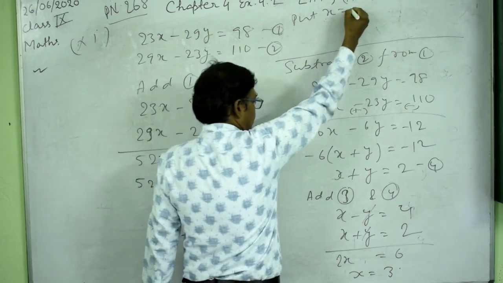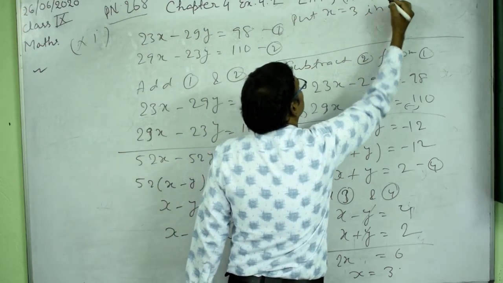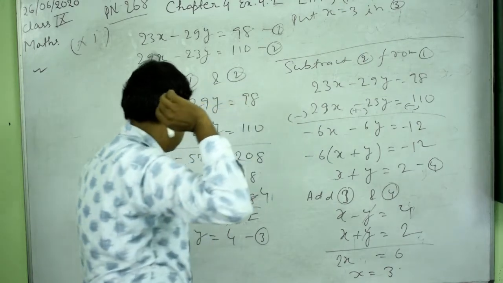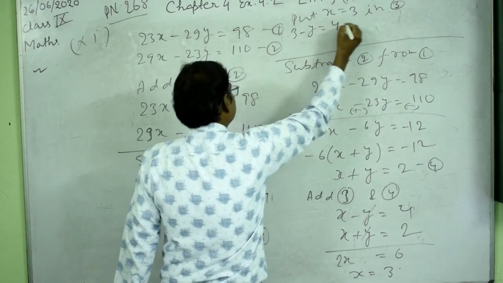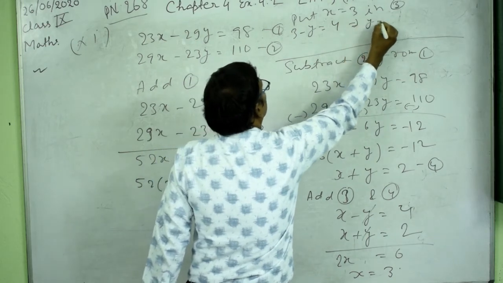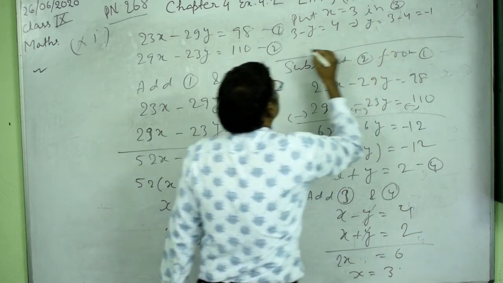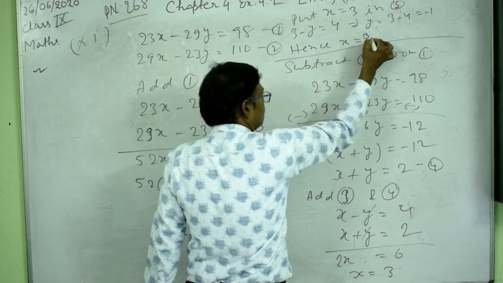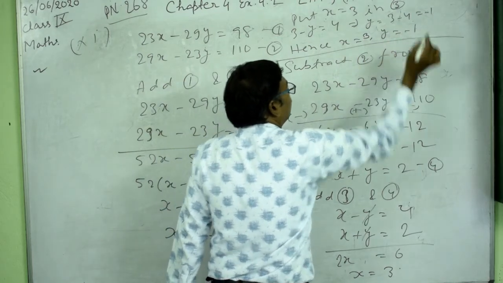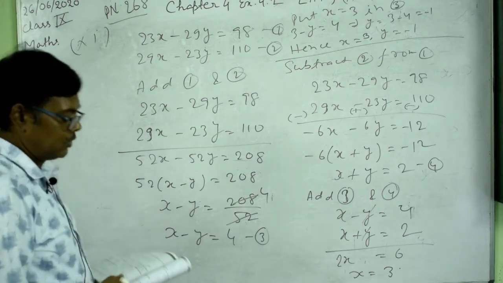Put x = 3 in equation 3, then you have 3 - y = 4, this implies y = 3 - 4, that is -1, and hence x = 3 and y = -1. So this is the answer of this question.